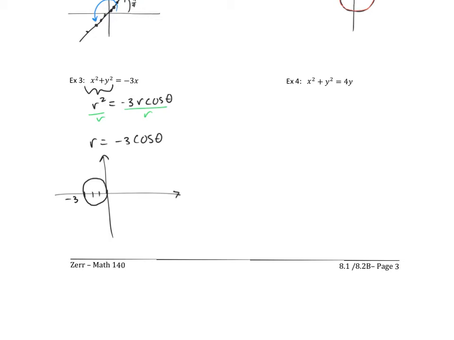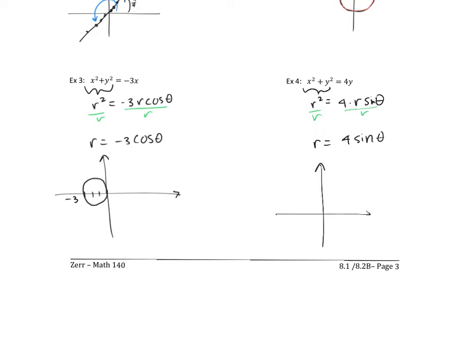Okay, and let's try this one here. This is r squared. Y is the same thing as r sine theta. And then I can divide both sides by r just to simplify it a little bit. And I would get r is equal to 4 sine theta.